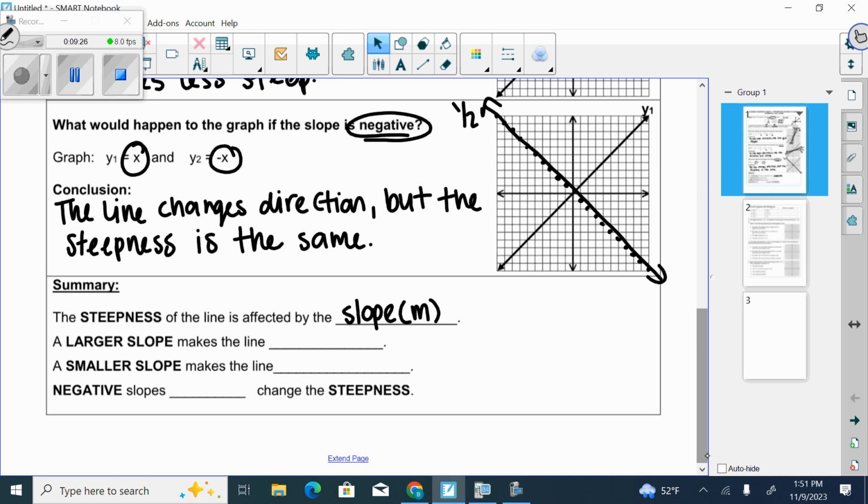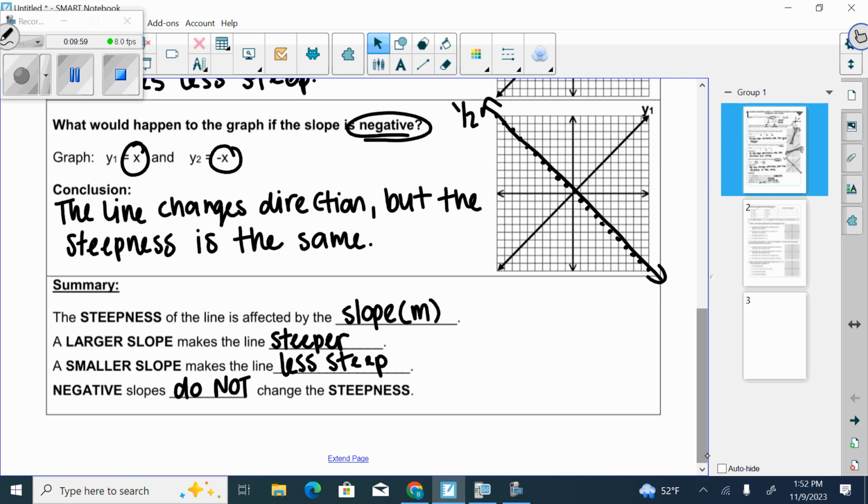We said a larger slope, like the first picture that we graphed, is going to cause our lines to become steeper, while a smaller slope, like the second picture we graphed, makes them less steep. And then as we discovered on our third graph, having a negative slope does not change the steepness. All it changes is the direction.